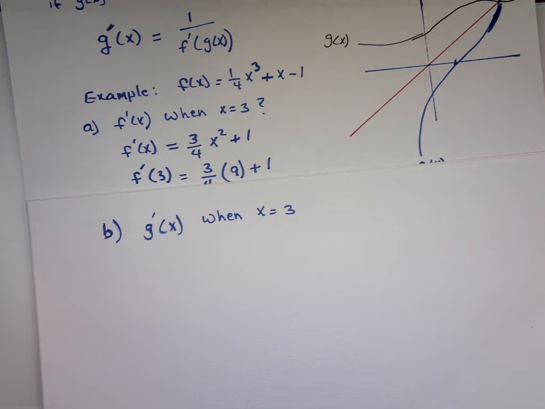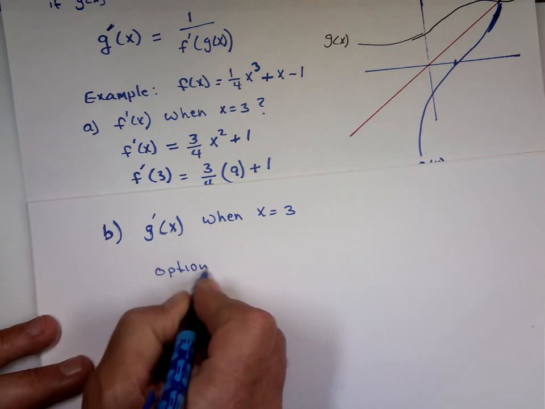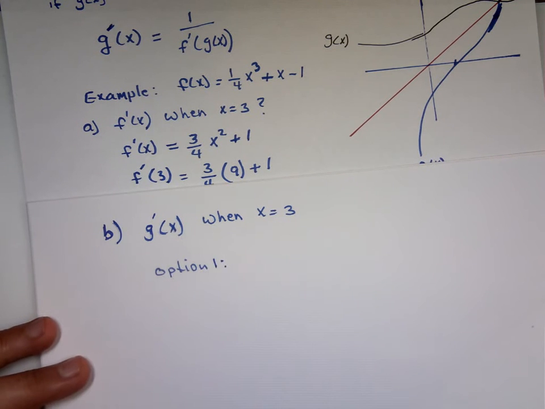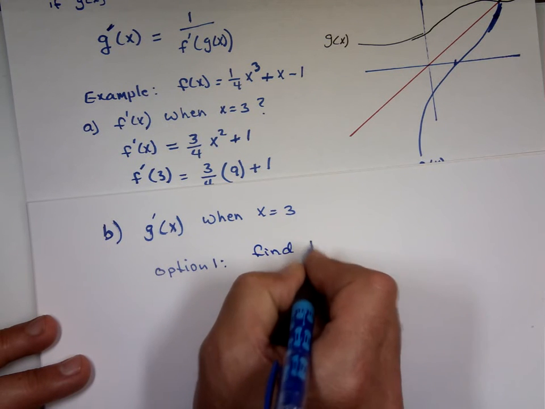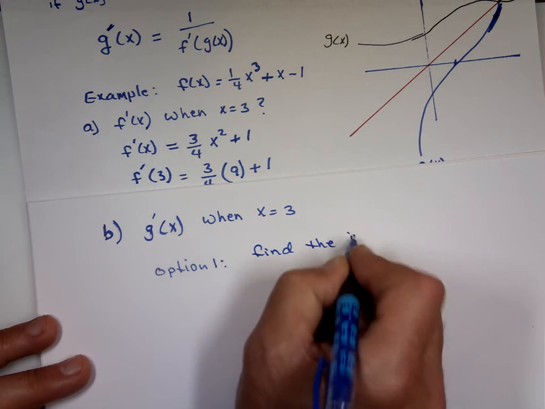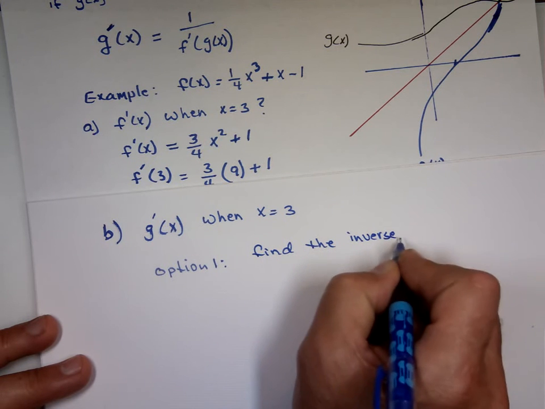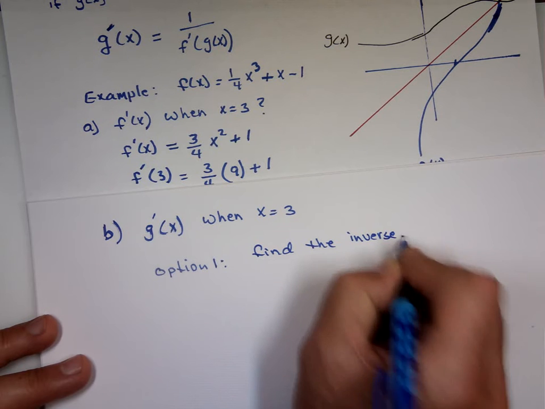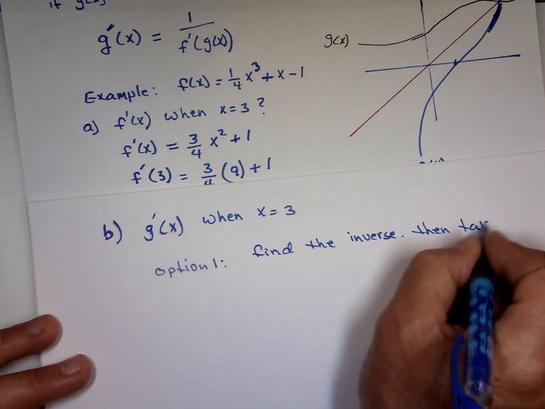Here's my option. One option, the long way. So option 1, I'm not a fan of it, is to find the inverse first. Then take the derivative.